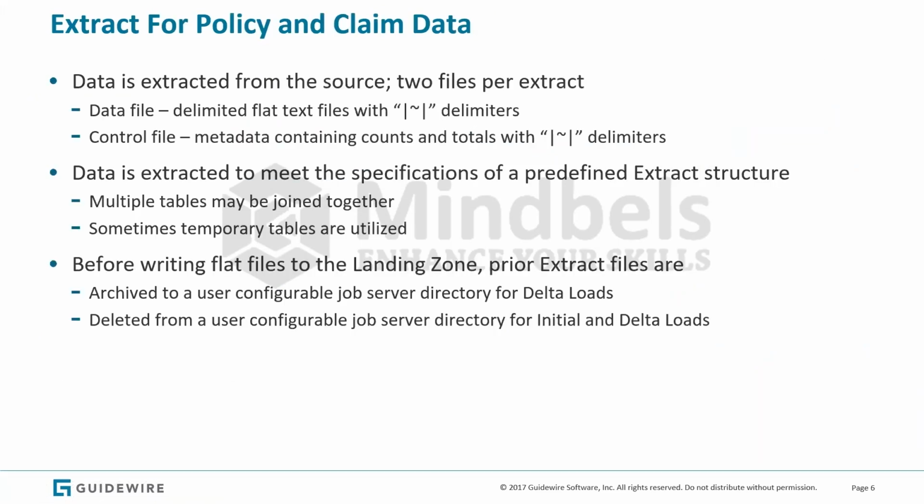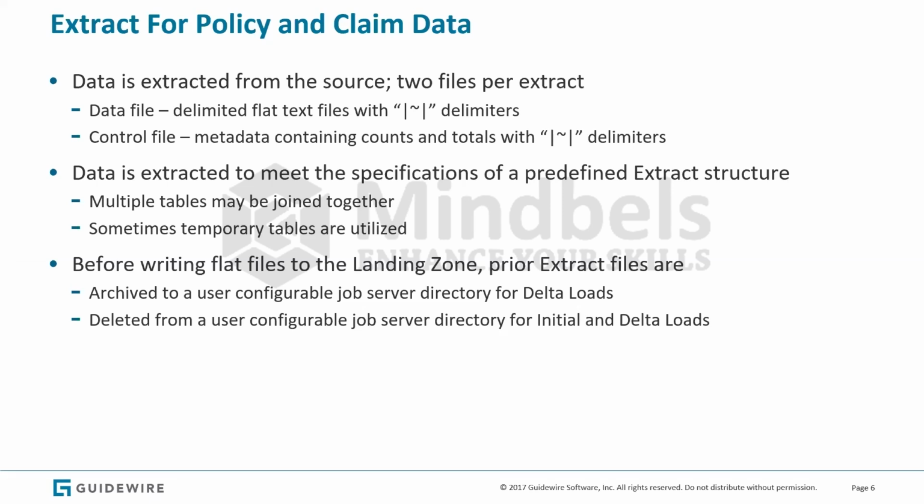So for claims and policies, data is extracted from the source, 2 files per extract: a data file, which is the delimited flat text file we discussed, and a control file, metadata containing counts and totals, for audit purposes. Next, data is extracted to meet the specifications of a predefined extract structure.